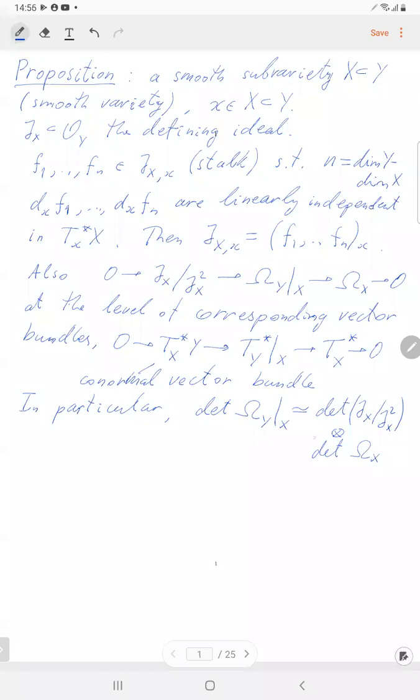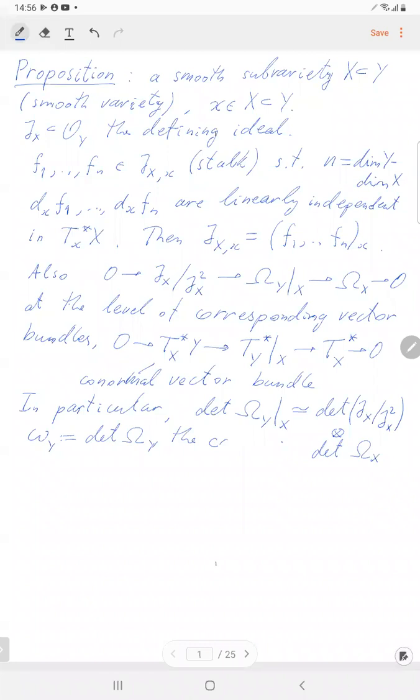Then this determinant is also denoted omega Y. It's called the canonical line bundle.